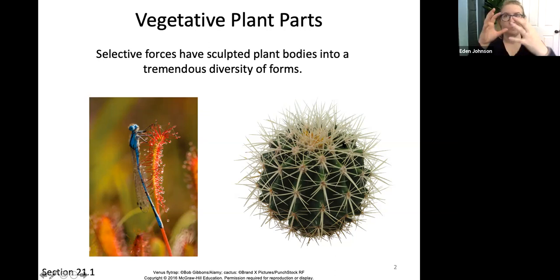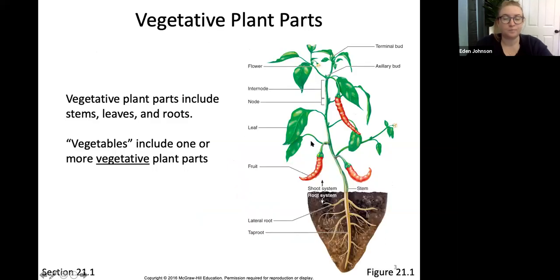This plant body of a cactus holds a ton of water inside of it, because these plants are perfectly suited for not knowing how long it's going to be until they're able to have water again. So they store it in these plant bodies. And what a lot of animals will try to do is break open these cacti for water and for other nutrients. But these spines, these reduced and modified leaves, protect them.